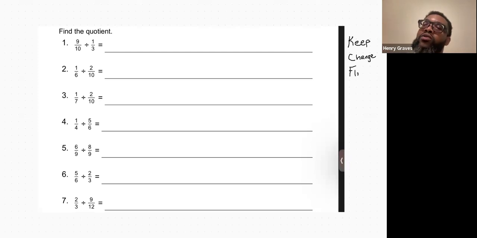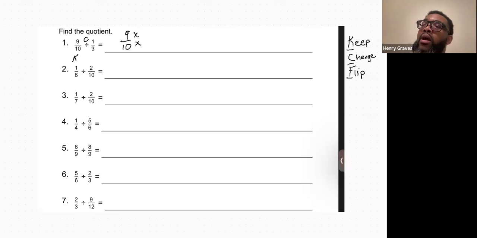So the first one here, 9/10 divided by 1/3, I'm going to leave the 9/10 just the way it is. So that's what the K stands for. Keep it the way it is. I'm going to change the dividing to multiplication. And then I'm going to flip the last fraction. So that means the 3 is going to come on top, and the 1 is going to come on the bottom.